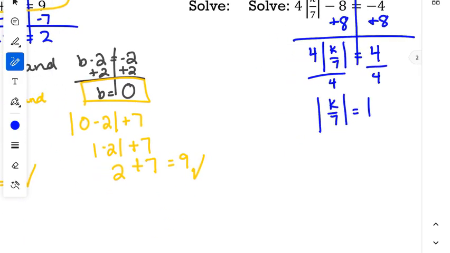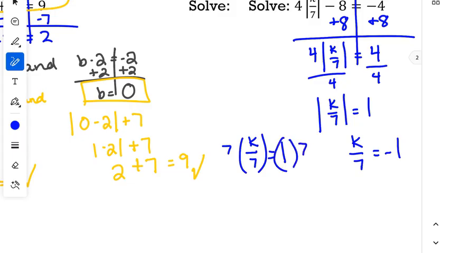So I'm going to write the two equations. K over 7 equals 1, and k over 7 equals negative 1. So I'd multiply both sides by 7. So k equals 7 on one side. And then the other one would be negative 7.